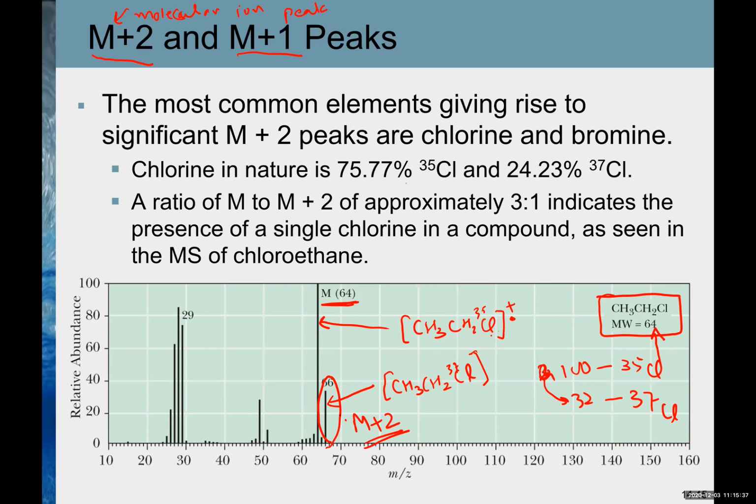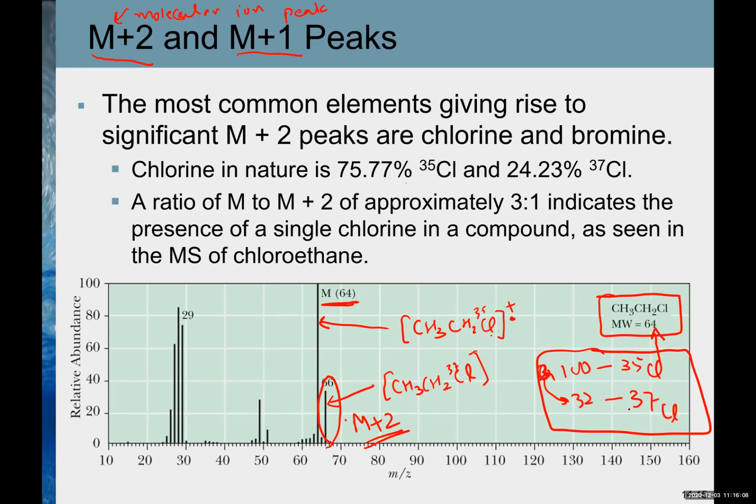So an M plus 2 peak is obtained from those molecules in which the isotope is replaced by the heavier isotope. The point is that one third of the chlorine in nature is from the heavy isotope and two thirds are from the normal isotope.